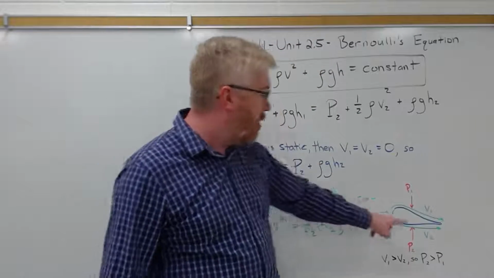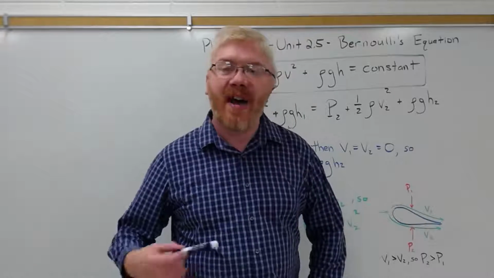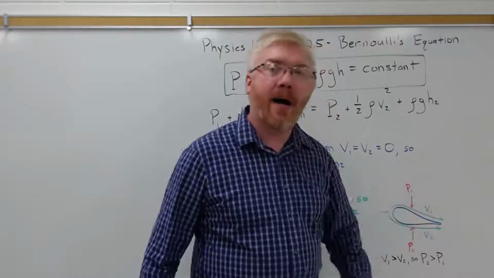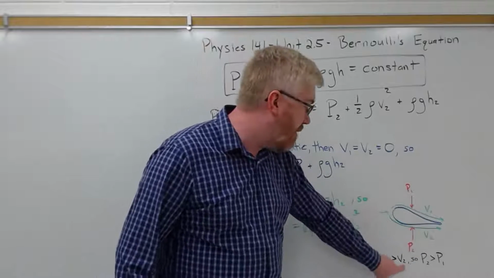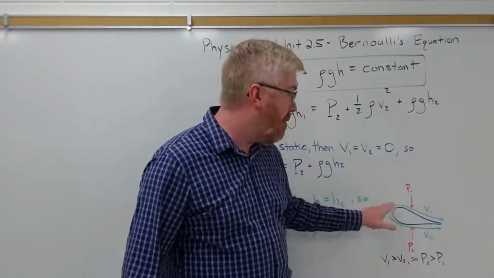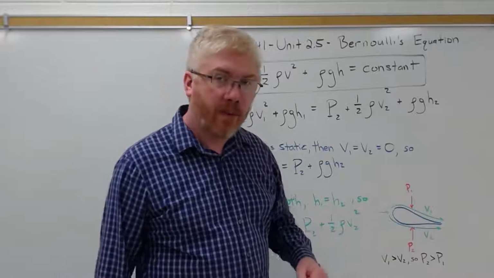Which means that for the air to meet up, the air along the top of the wing must be traveling faster than the air on the bottom of the wing. So V1 is greater than V2 in this case. The air above the wing is traveling at a faster speed than the air below the wing.